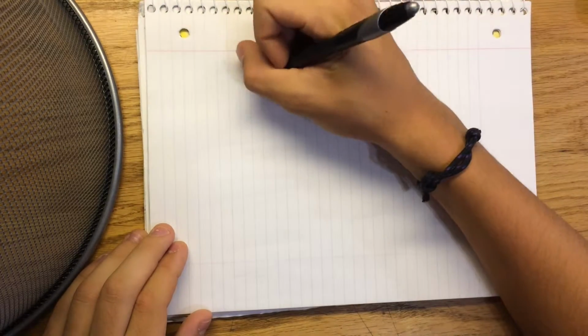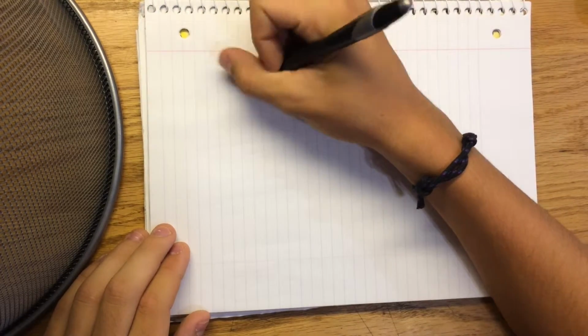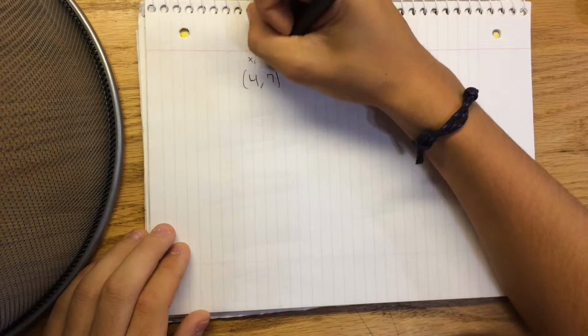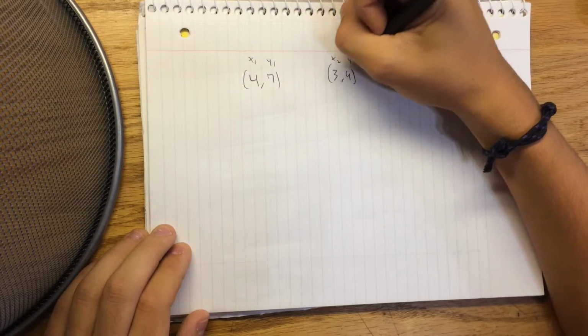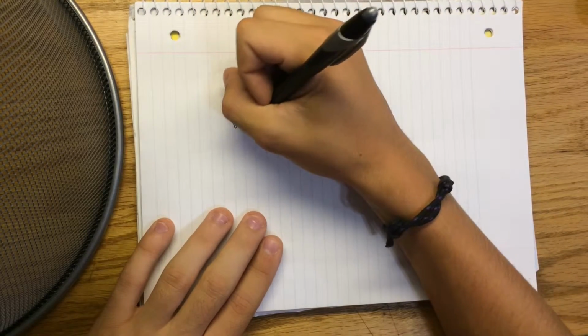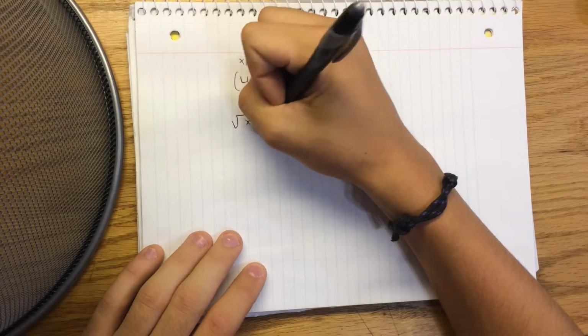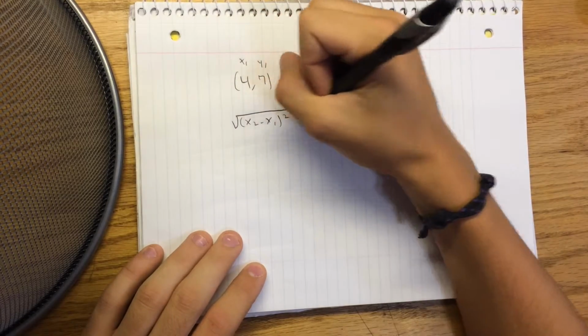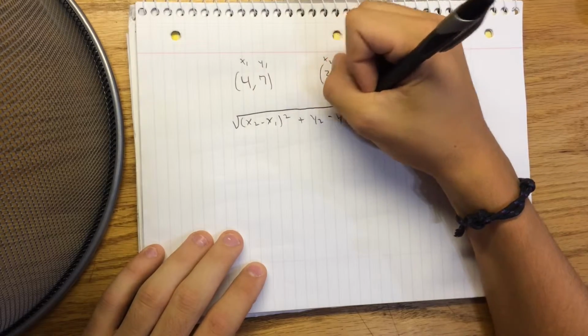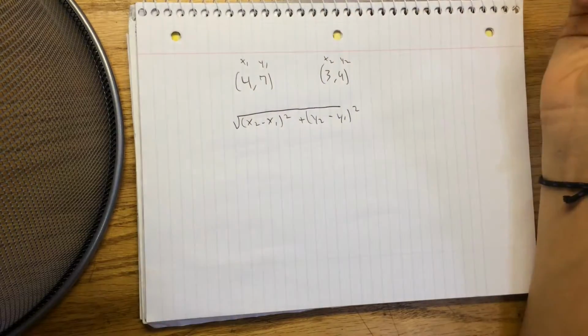Okay, so in case you were confused or anything, I'll do another example. It's very simple. We'll go 4, 7, and 3, 9. Alright, so here's your x1, y1, x2, and y2. Now as you start out any math equation, you want to write out the formula: square root of (x2 minus x1) squared plus (y2 minus y1) squared.